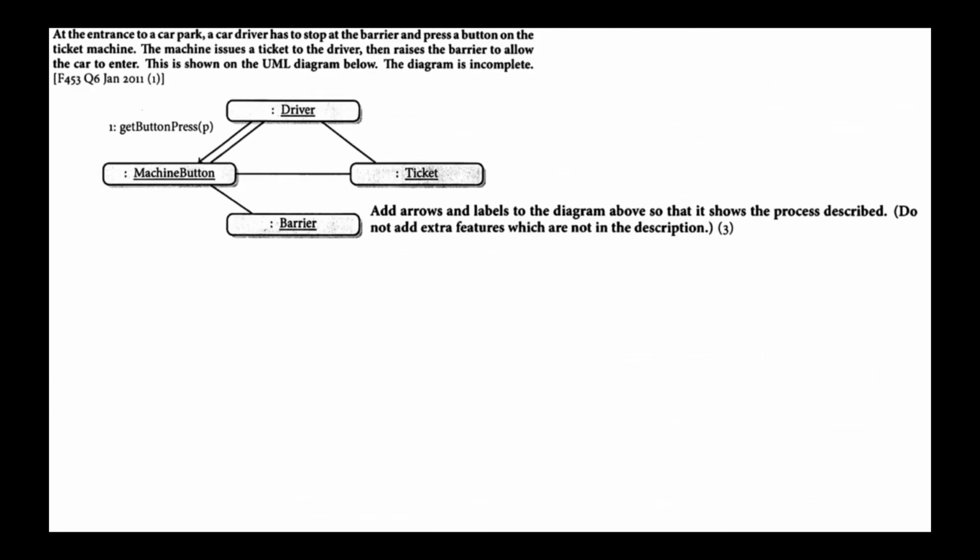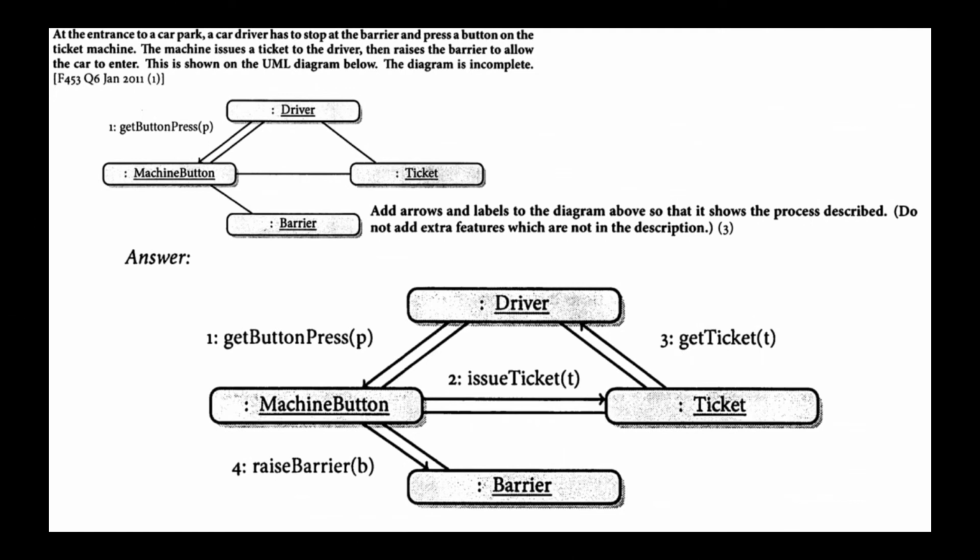So next question, using the same diagram, you've got to add arrows and labels to show the process described. Do not add any extra features which are not described. So what you've got to do is add in all the arrows and label them correctly. The answer is that.